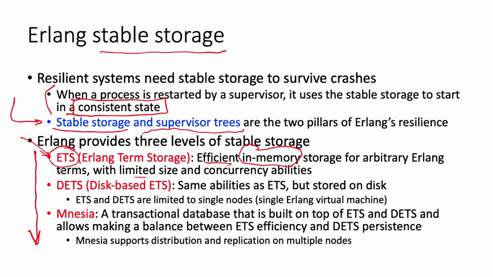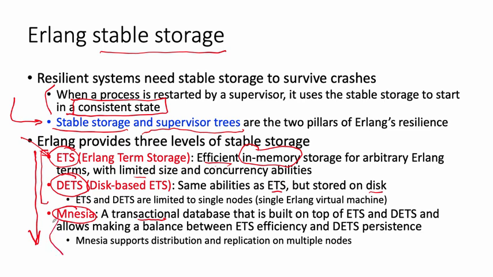So this is extremely efficient. Then there is disk-based ETS, DETS. Same ability as ETS, but stored on a disk. This is if the node itself fails, then you have to go to disk, the stable storage. Both of these are limited to single nodes. And then finally, you have a full-blown transactional database, built on top of ETS and DETS.